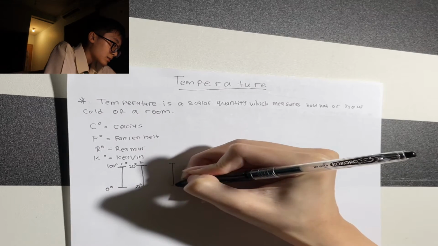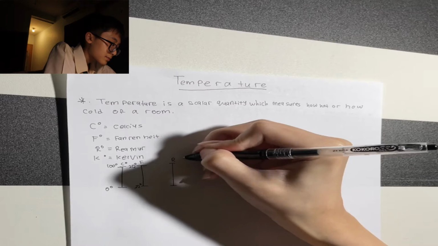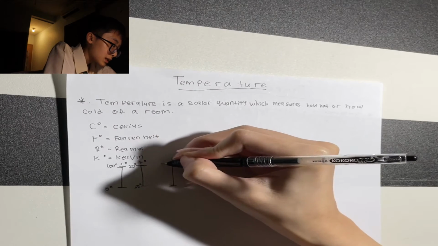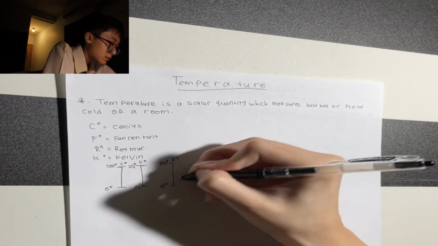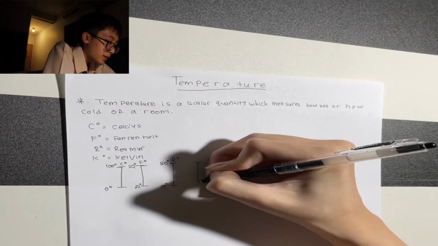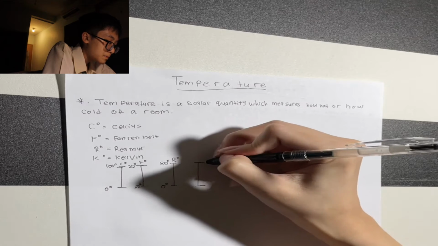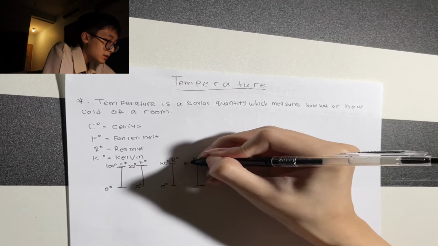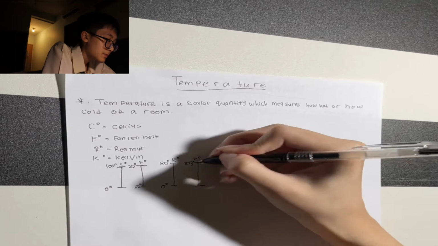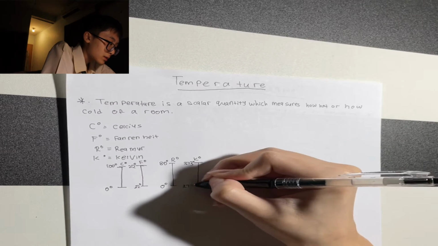Reaumur has 80 degrees and 0 degrees. Kelvin has 373 degrees and 273 degrees.